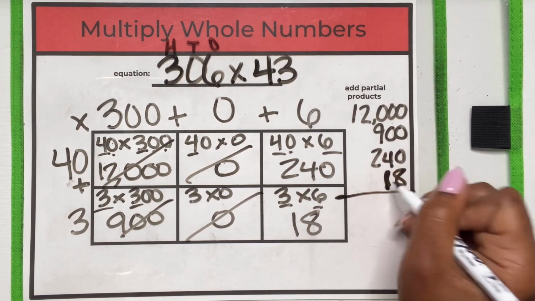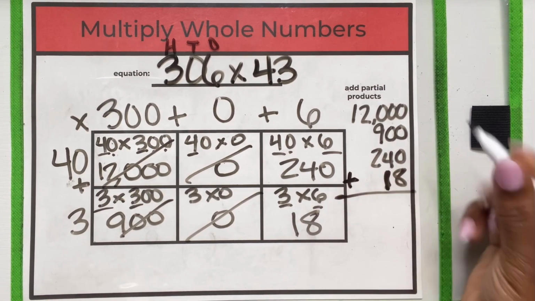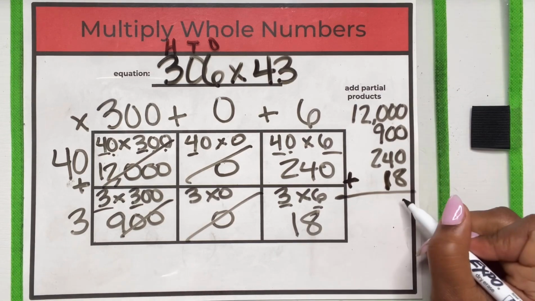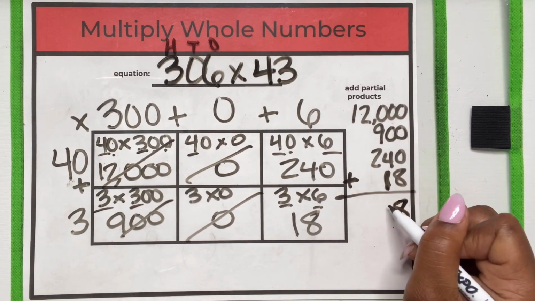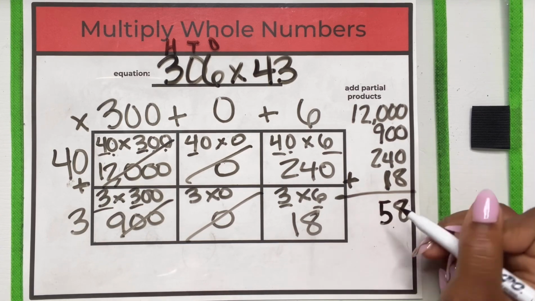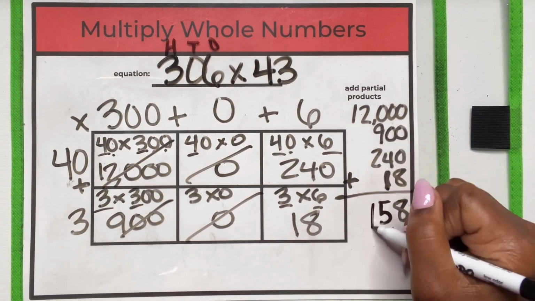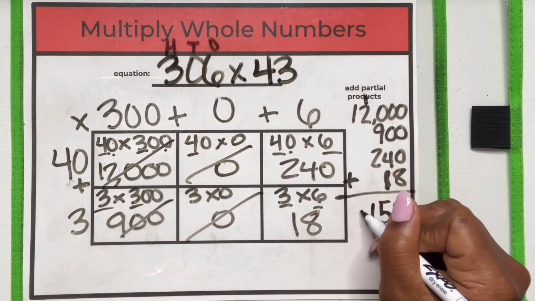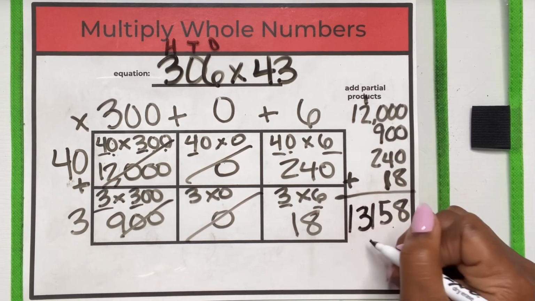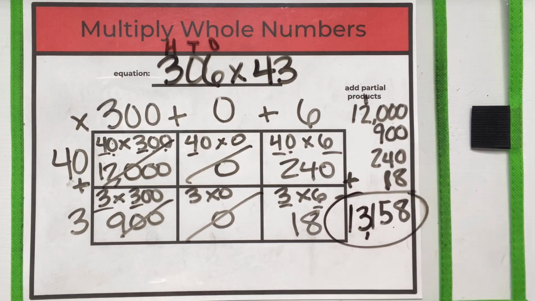Now, starting in the ones place, let's add. We have 8. 4 plus 1 is 5. 9 plus 2 is 11. 1, carry the 1. 1 plus 2 is 3. And bring down the 1. Okay, our answer is 13,158.